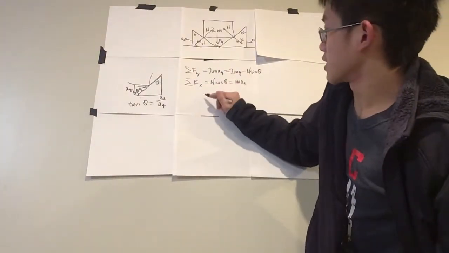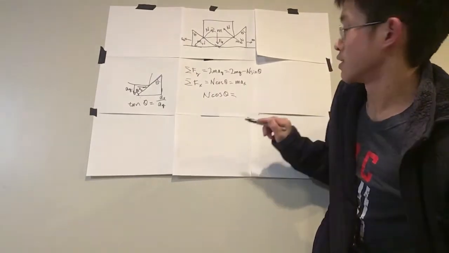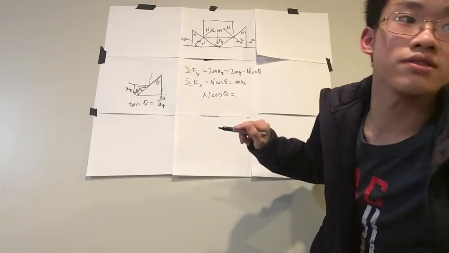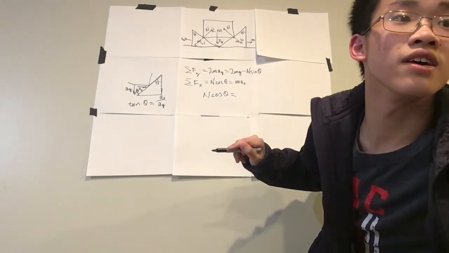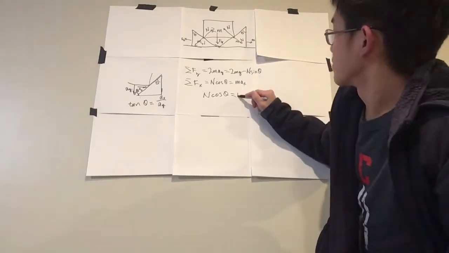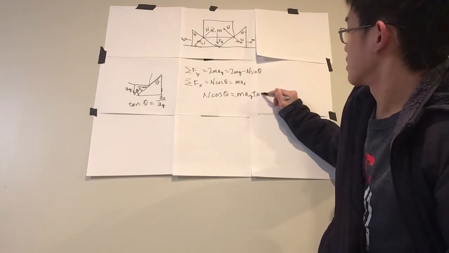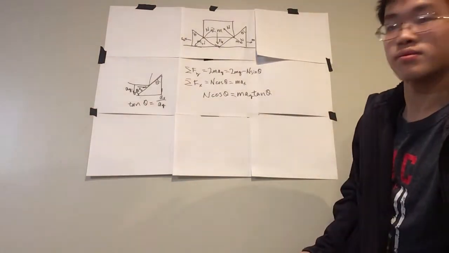So coming with that, we get N cosine theta equals m ay tangent theta, right?